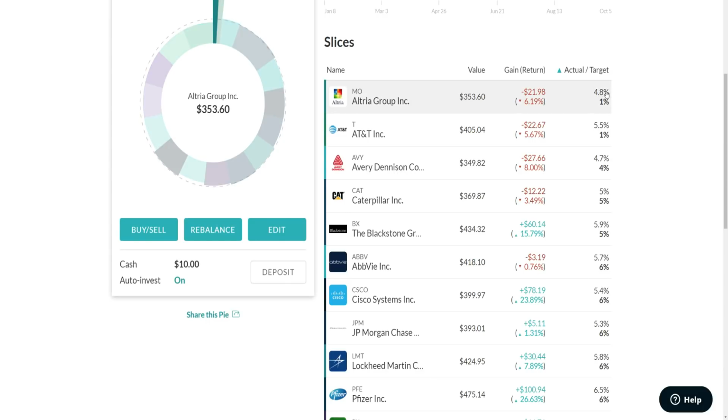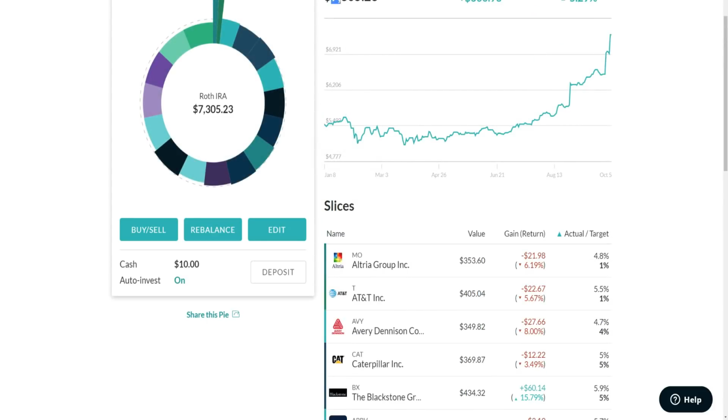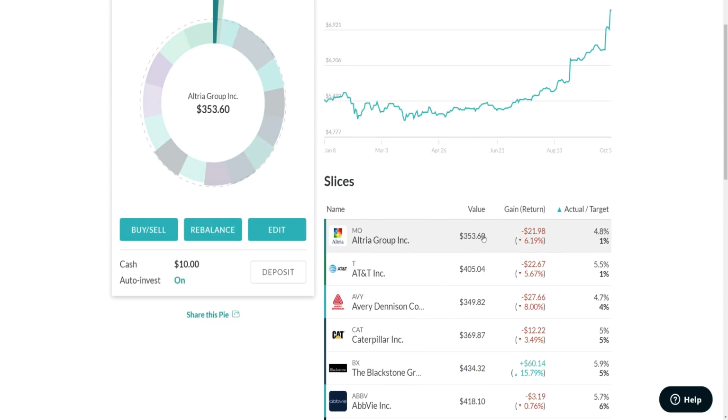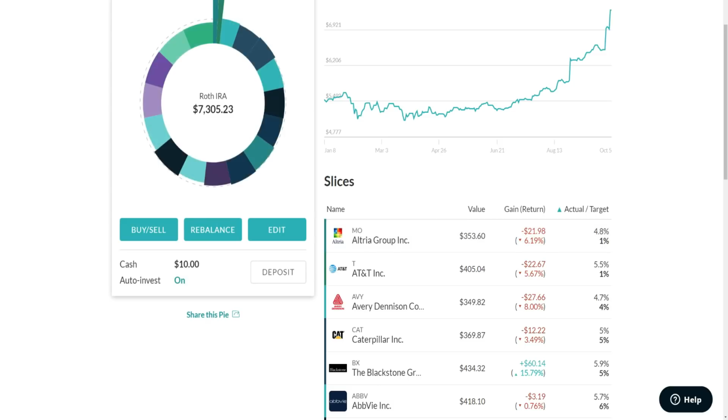The actual number is on the top, which is the current equity percent of value of this specific stock in comparison to your overall portfolio. So this portfolio has $7,305.23 of equity in it. This specific stock is $358.60.